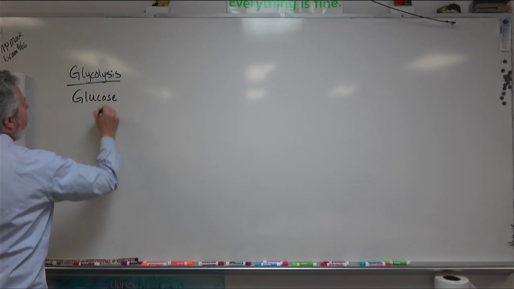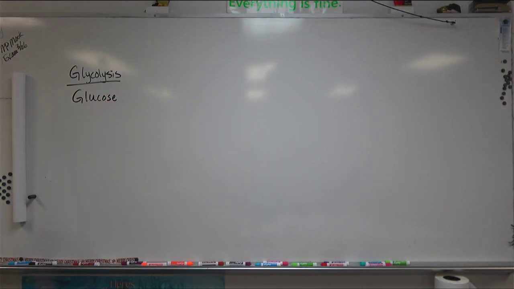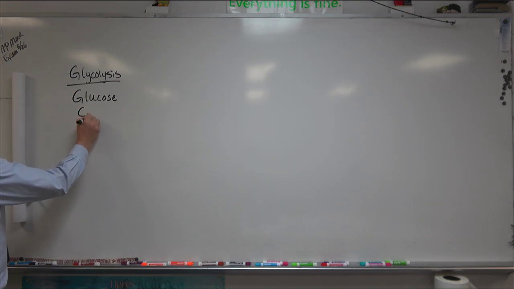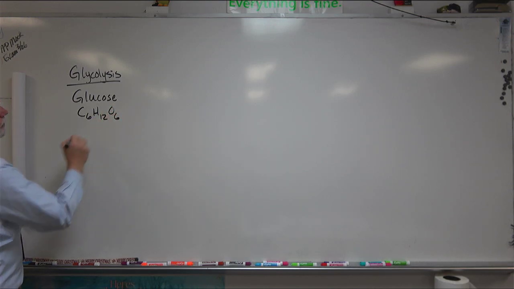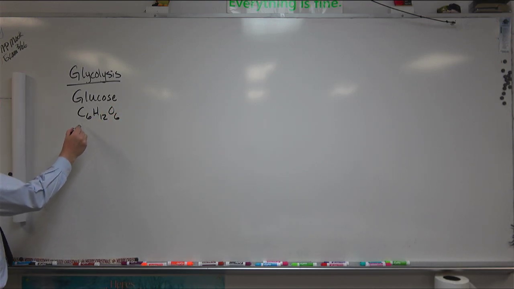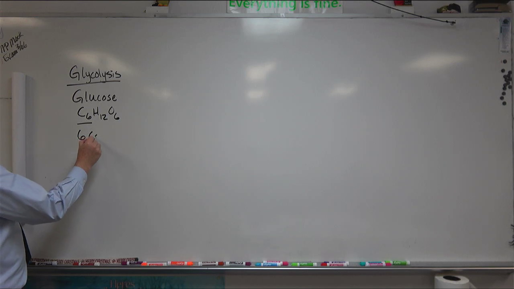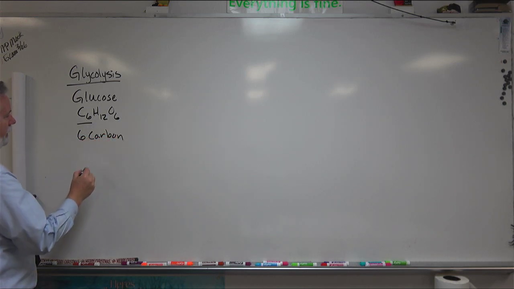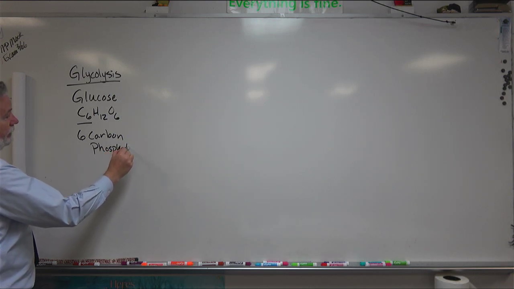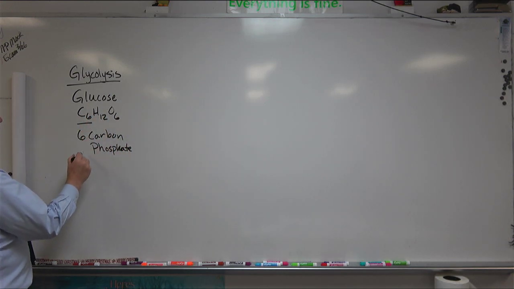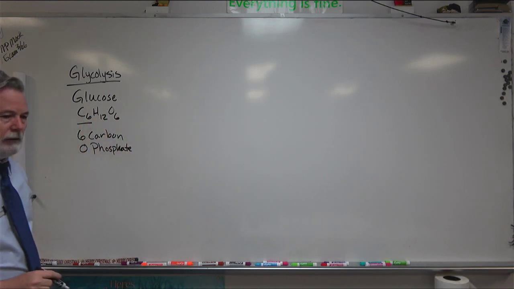All right, and what is the chemical formula for glucose? C6H12O6. There you go. So how many carbons do we have? 6. So there's 6 carbons. Are there any phosphates? No. Do you see any in the chemical formula here? So there's 0 phosphates.